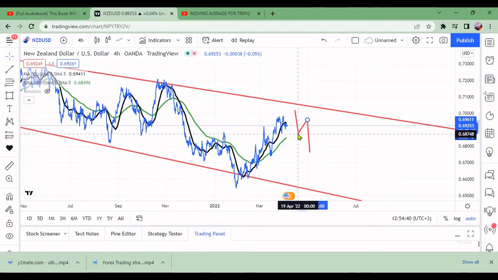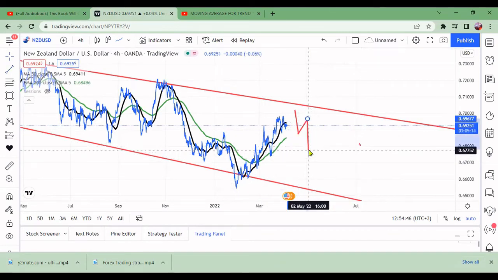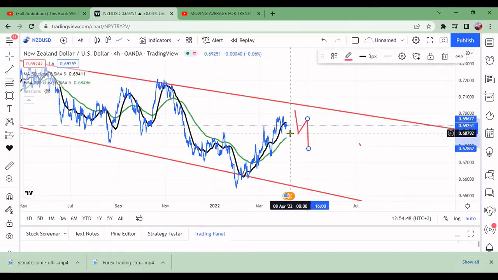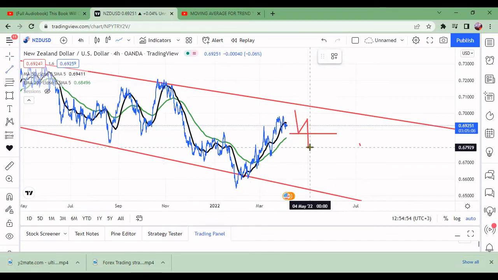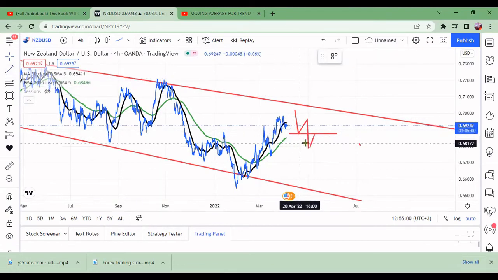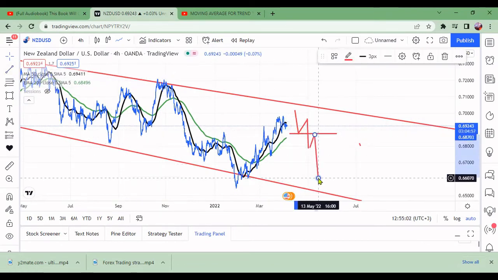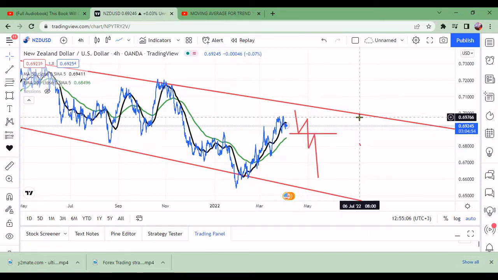You need to have the skill of market structure. If the market breaks the resistance, for example here, I'm going to wait for a retest here. After the crossover has occurred, only then sell. You need to master this pattern, and you need to master when to buy and when to sell.